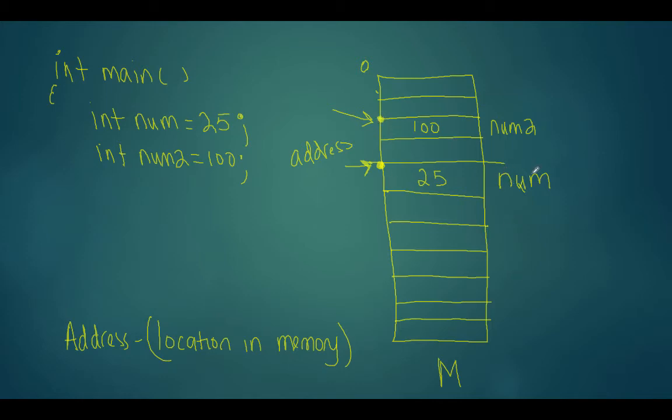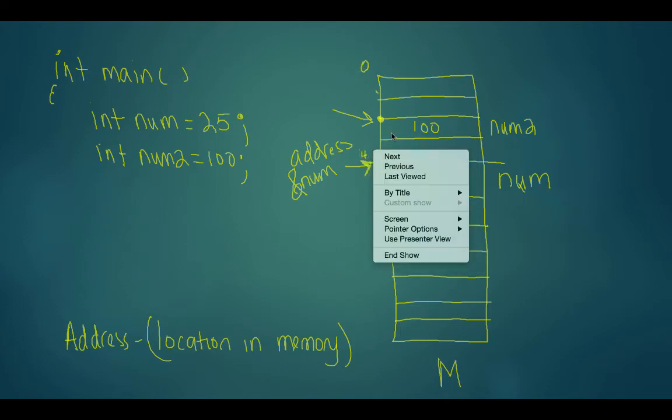Now, in order to find out what that location is, all you have to do is put an ampersand in front of it. And that turns the variable num, which was an integer, into an actual address. So if you put an ampersand in front of num, then you get what this value is right here. This value right here could be, like I said before, location 40.